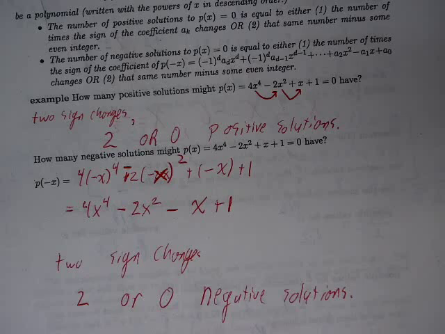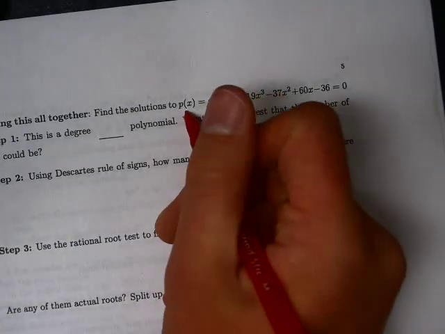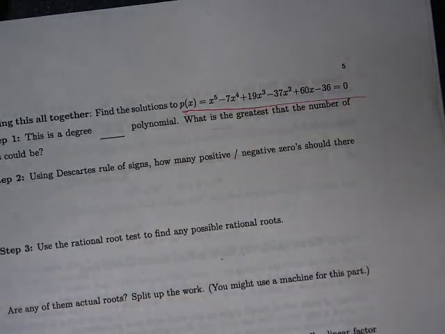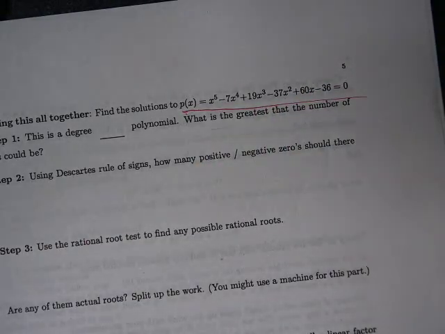Then I'll have you do the same, using the sum total of all of these tricks to solve a polynomial equation. So let's do it. Altogether, let's find the solutions to x to the 5th minus 7x to the 4th plus 19x cubed minus 47x squared plus 60x minus 46 equals 0.